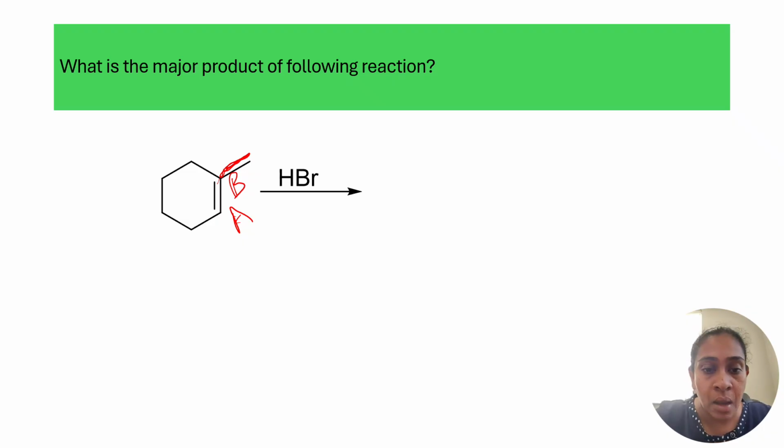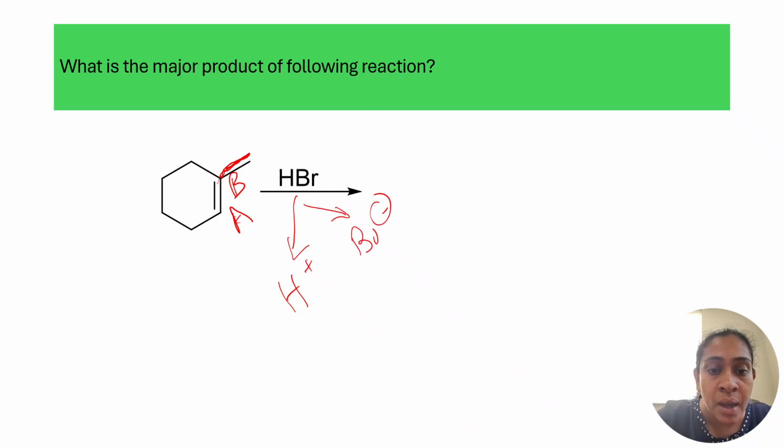The other alkene carbon, carbon A, has more hydrogens. Therefore, H+ from the HBr, which serves as the electrophile, is going to add to carbon A.